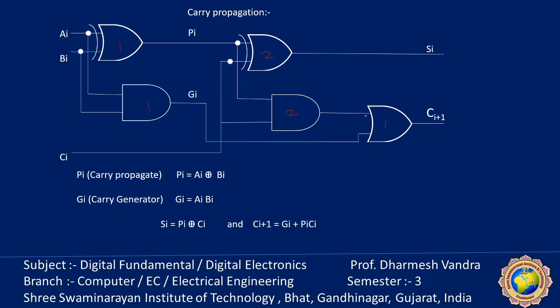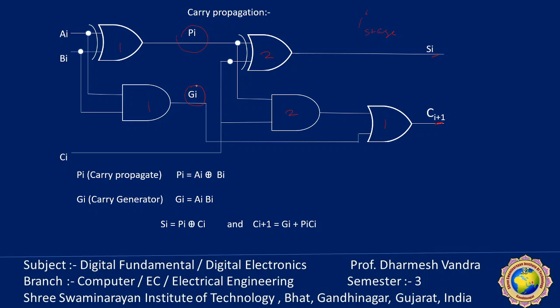This circuit is derived from the typical equations. The input and output variables use the subscript i, where i is the particular stage, the i-th stage. The signals are Pi and Gi, which we define as the two signals of the half adder output.